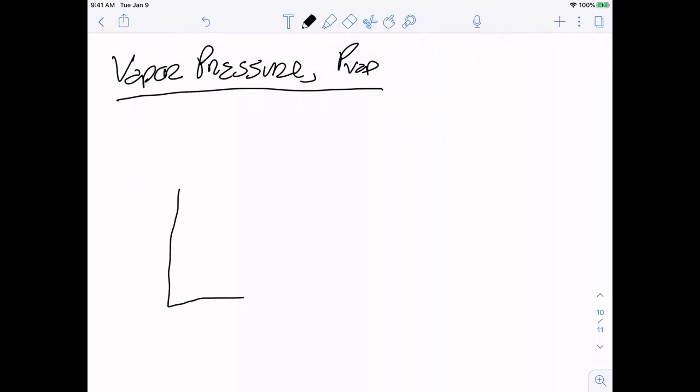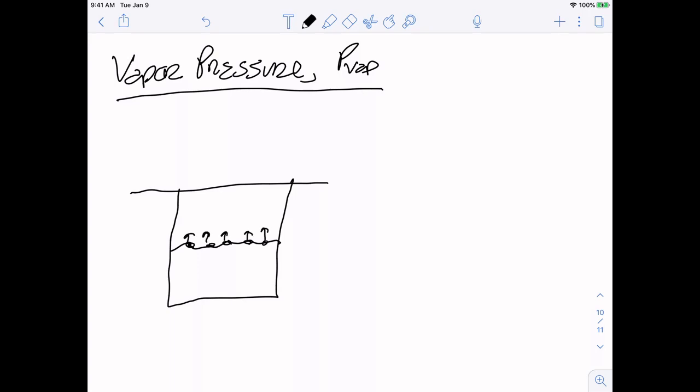So I have a beaker and I have a liquid in it, and then I'm going to put a lid on it so it's closed. And what happens is these particles on the surface are going to evaporate. Let me actually draw my liquid a little bit lower, it'll be easier to see. So my liquid particles are going to evaporate, right?